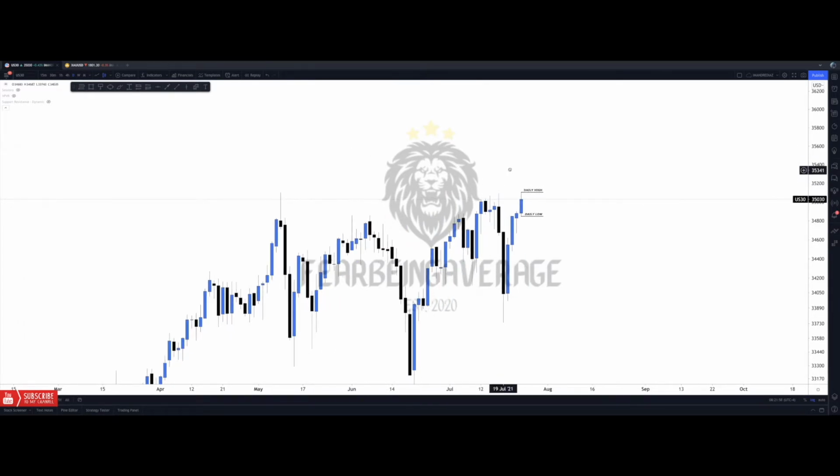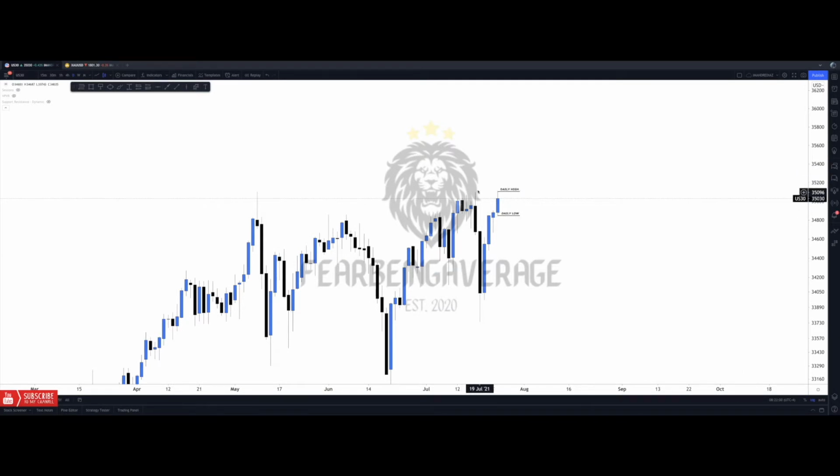Now that we have the overall daily highs and lows, we understand that above all these highs is all liquidity in the market. So this is ideally where we want to see price continue to run. And this is the all-time high for US30 right here, and look where that is, right at this high.